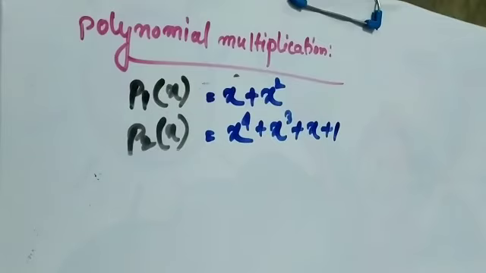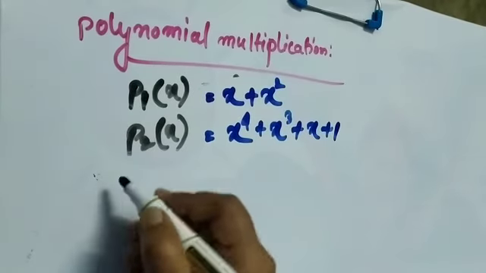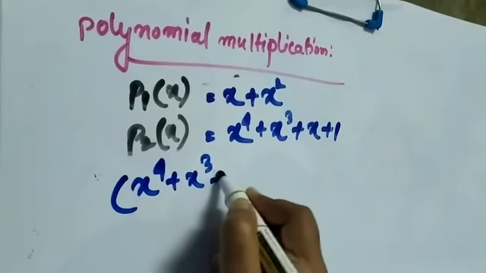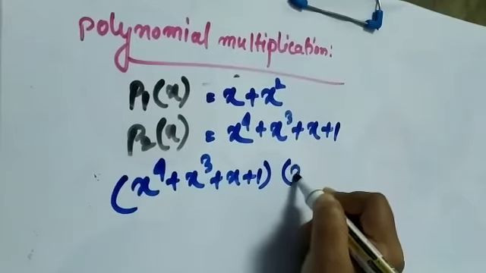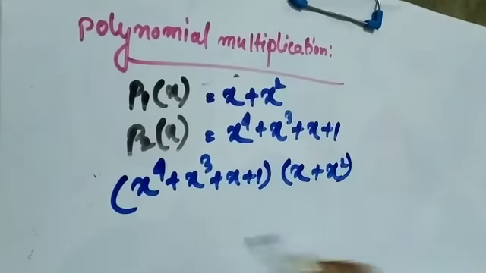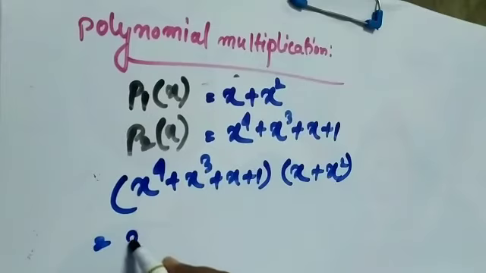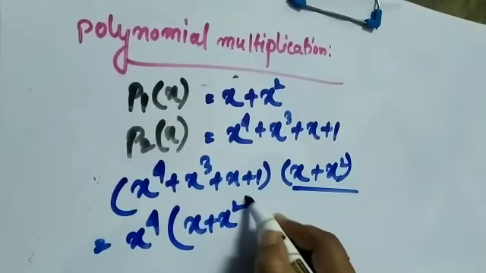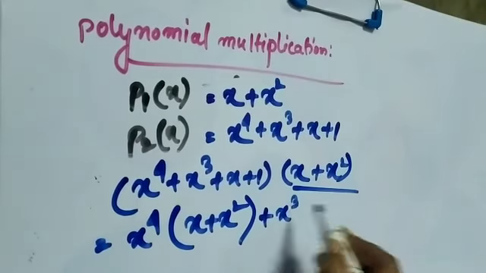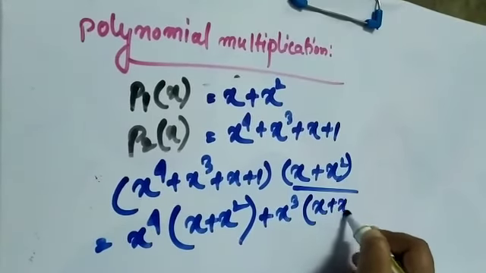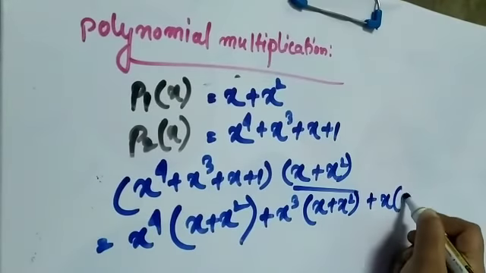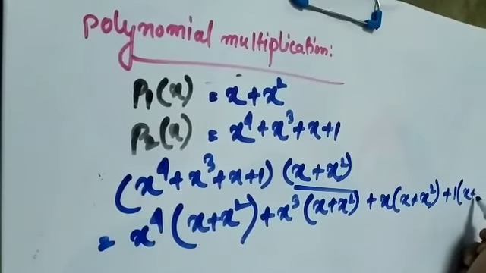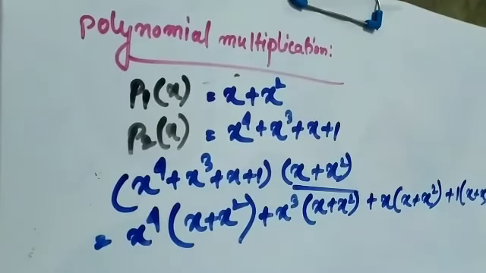So when we multiply this, we have to write x to the power 4, x cube, x and 1, and x plus x square. When added, x square is multiplied by the total of this. Again, x is added with this, and x cube is added with this.